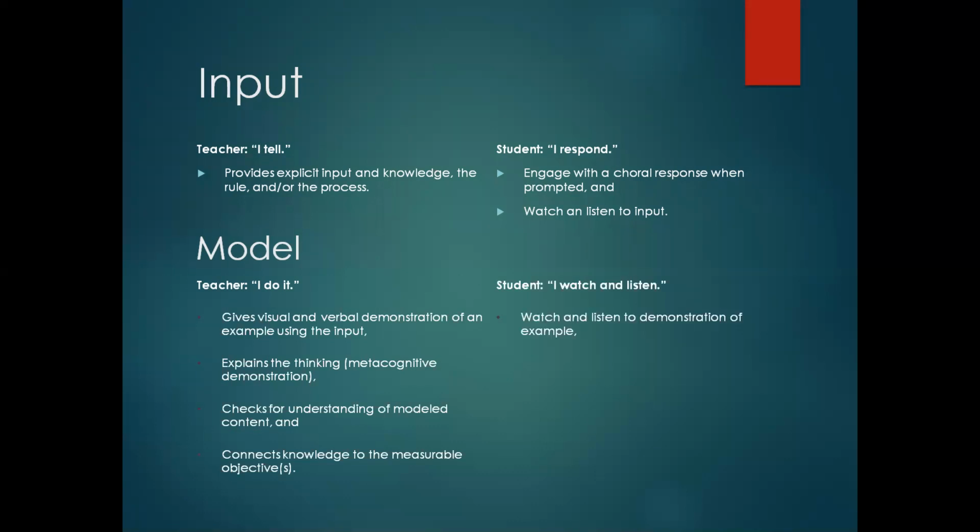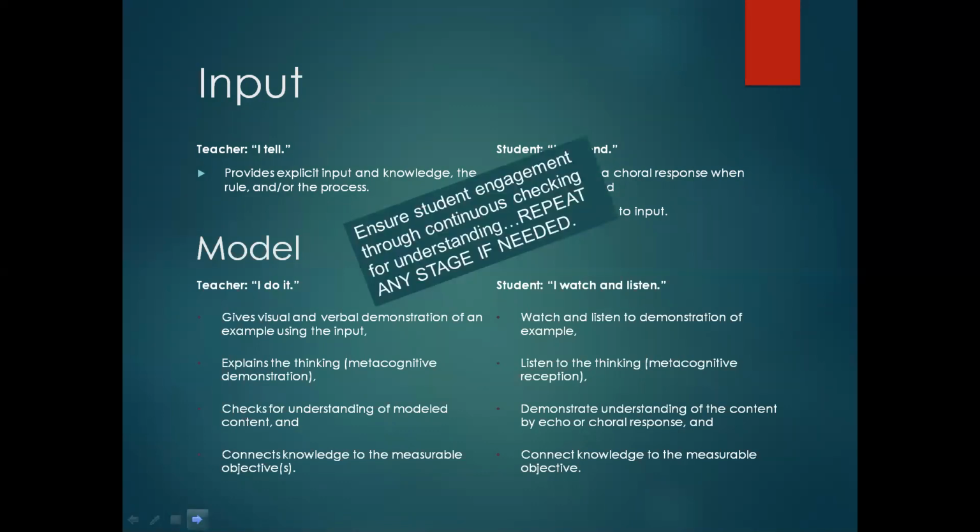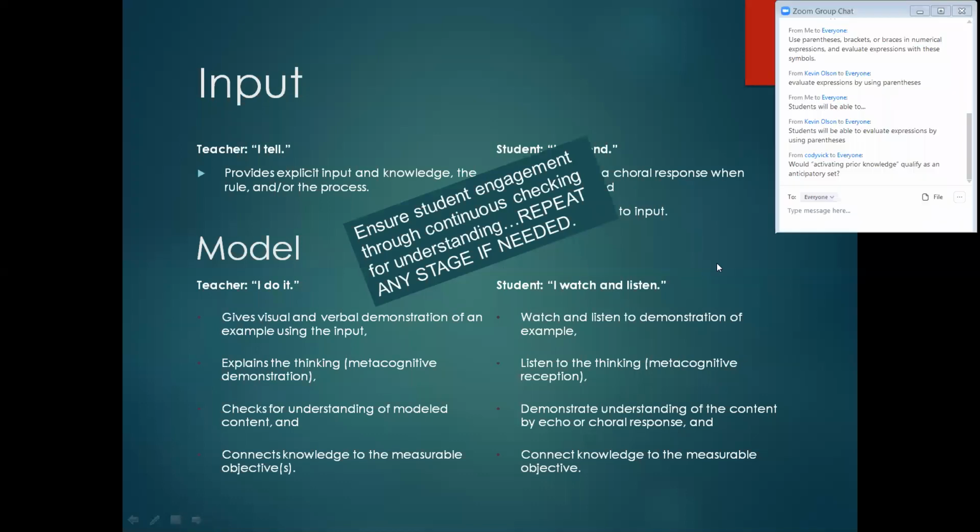Students are watching and listening to the thinking, demonstrating their understanding by echoing or choral response, and connecting knowledge. Again, you don't see that they're writing, they're not talking. The only time you're going to get something out of them is through choral response. Does this make sense? Stop me if it doesn't.